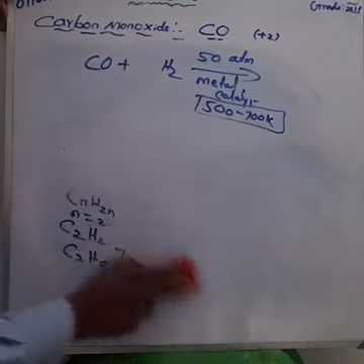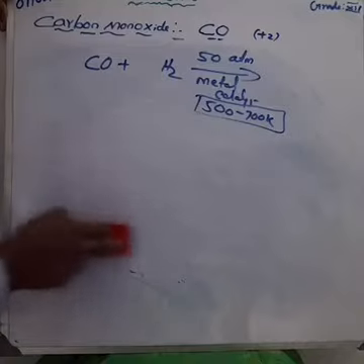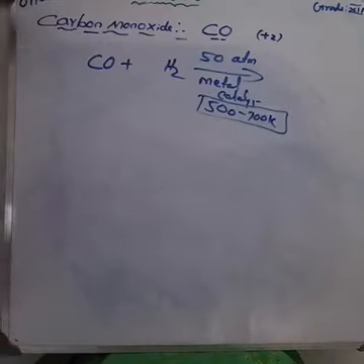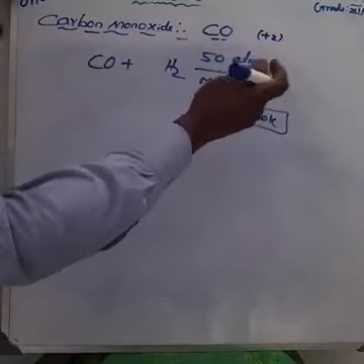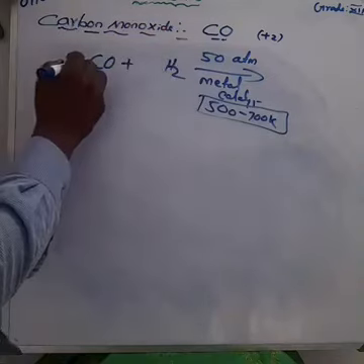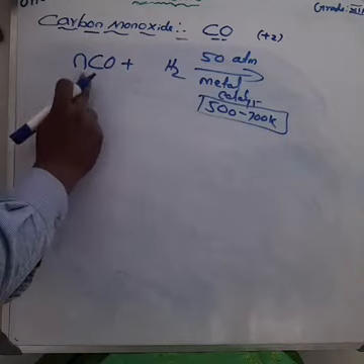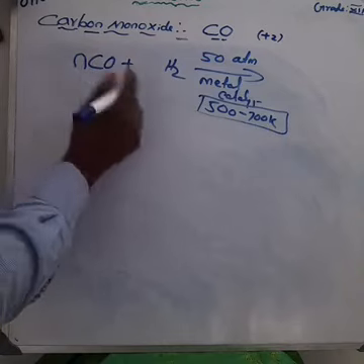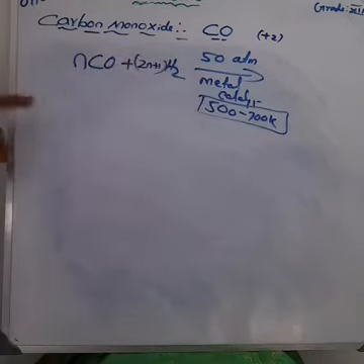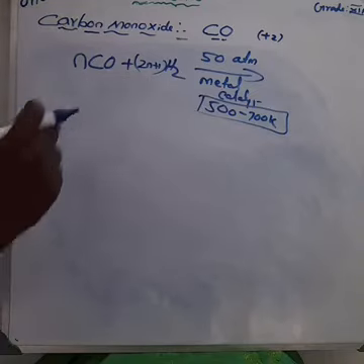How can you write the equation? Carbon monoxide reacts with hydrogen. What is our expected product here? Here we are using one number. What is the number? n molecules of carbon monoxide react with 2n plus 1 hydrogen.